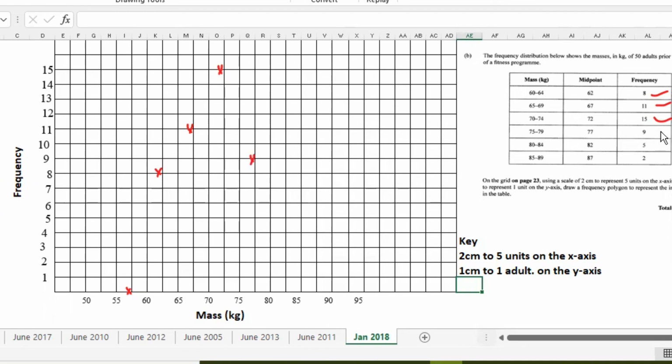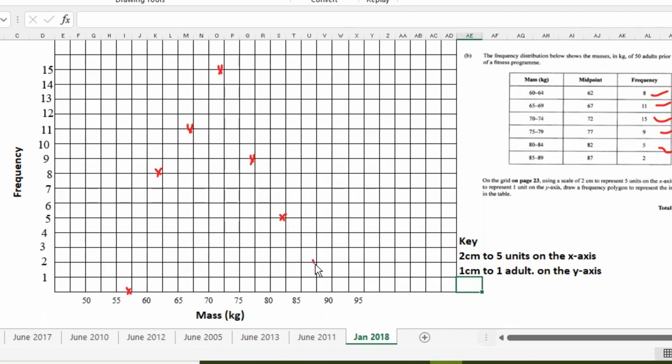And then 82 with a frequency of 5. And then 87 with a frequency of 2.